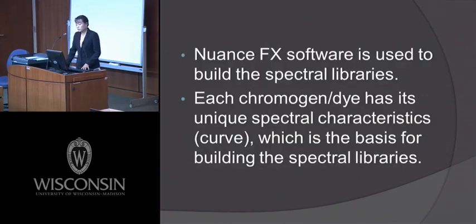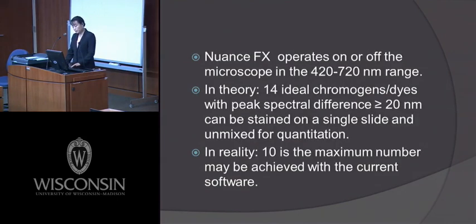So what we have is a NUANCE FX model. This software is used to build the spectral library, as Christina had already shown. Each chromogen or dye has its unique spectral characteristics, which is the basis for building the spectral library. NUANCE FX operates on or off the microscope in this spectral range.